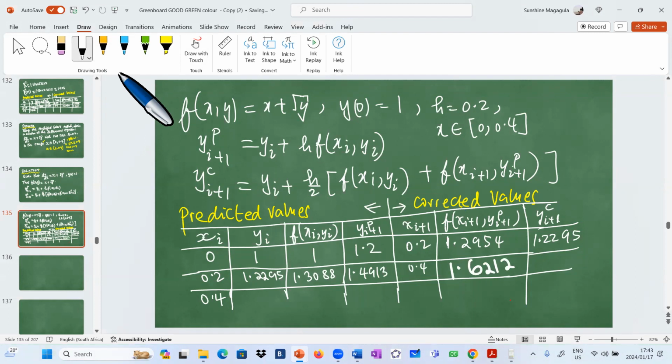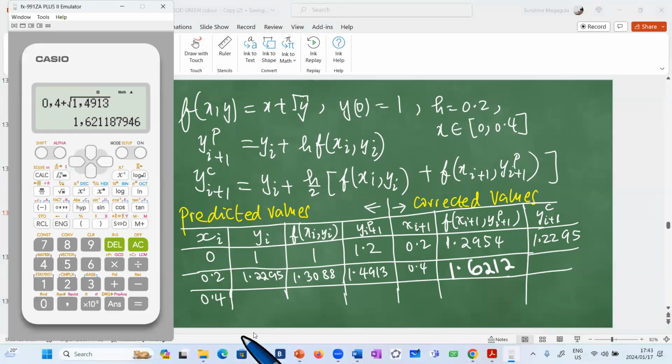With that said, now we need to get the y corrector. According to this, you take the yi and you do everything. Let's pick the calculator again. I think I might have pressed something that hid the bottom toolbar. Anyhow, you have the yi, which is this one.